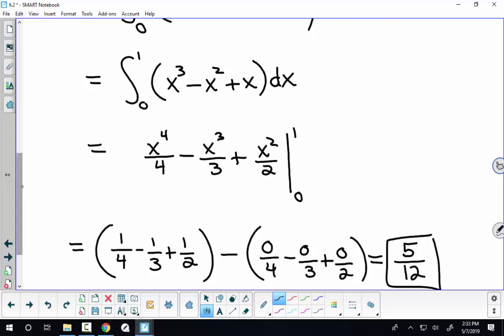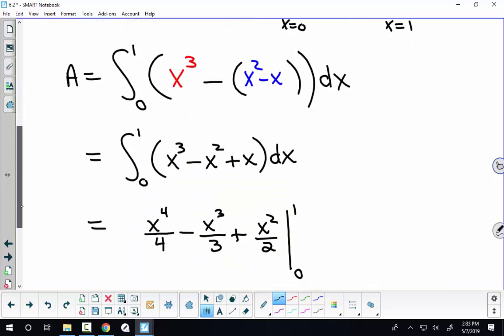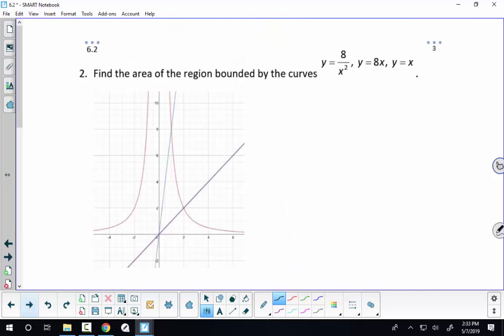So in this, our bounds were actually given to us. Oftentimes you do have to find the bounds yourself. So consider the curves 8 over x squared, which is the thing in red. I don't know if y'all's printed out in color or not. So that's my 8 over x squared.